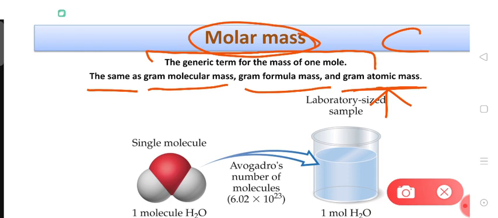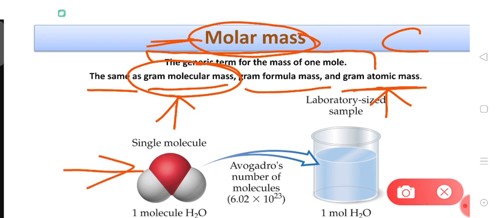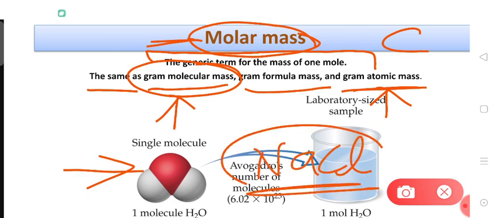If we talk about water, then its molar mass will be equal to its gram molecular mass, because water exists in the form of molecules. Now if we talk about NaCl, which is an ionic compound, the molar mass is calculated from the gram formula mass, which is calculated from its formula unit.